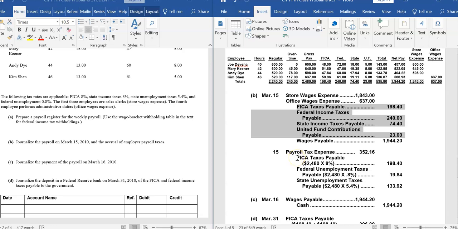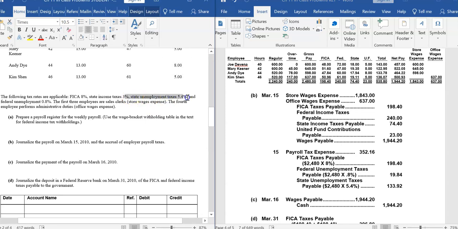One of the first things they do is they match any FICA taxes that employees pay. So whatever employees pay related to Social Security and Medicare, the employer pays the exact same amount in addition to the amount that the employee pays. So we have to record a liability for the employer's share of FICA taxes.